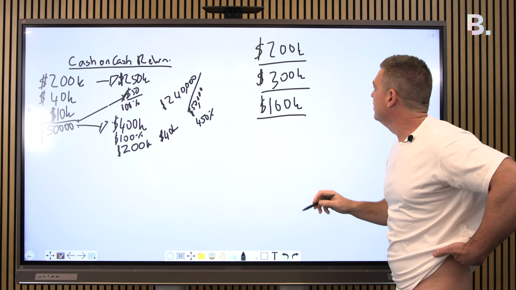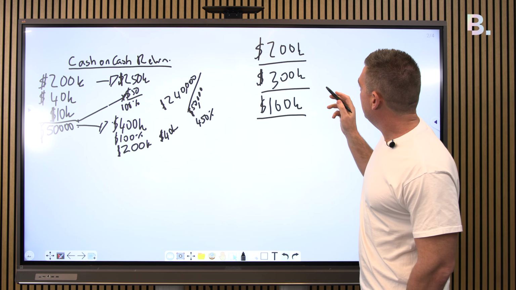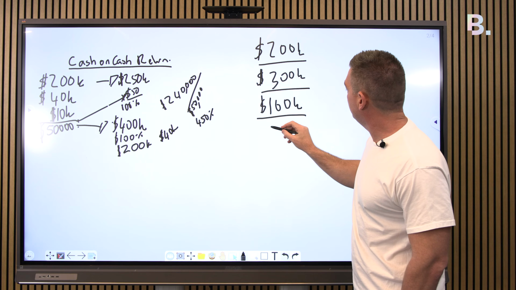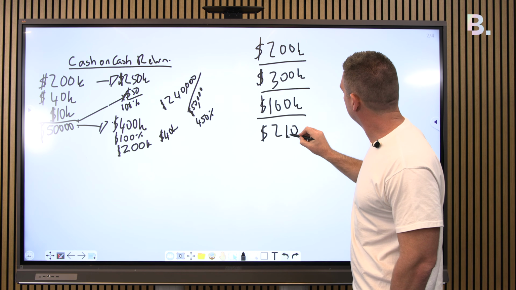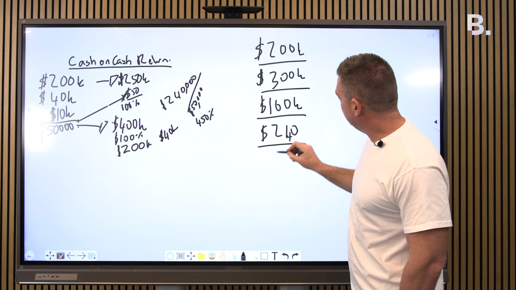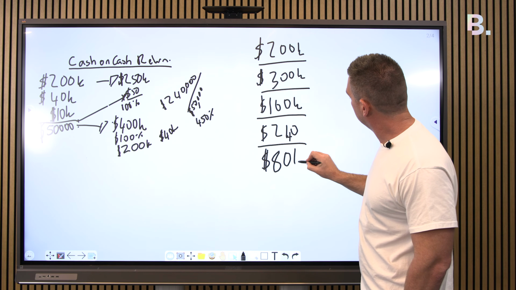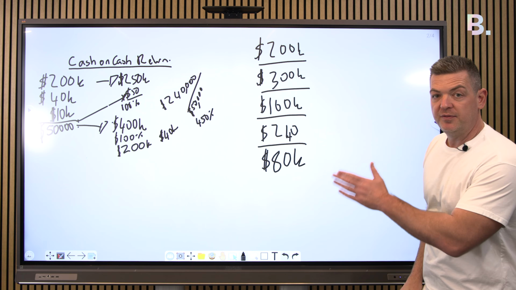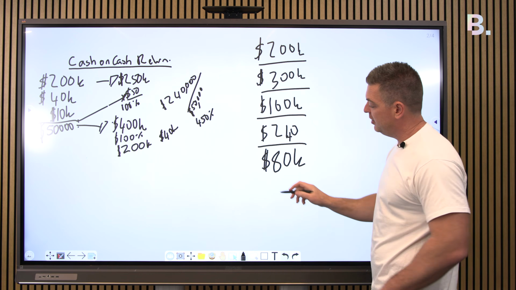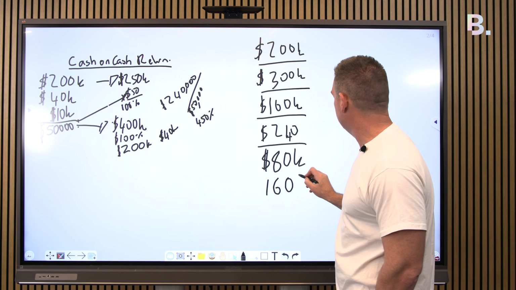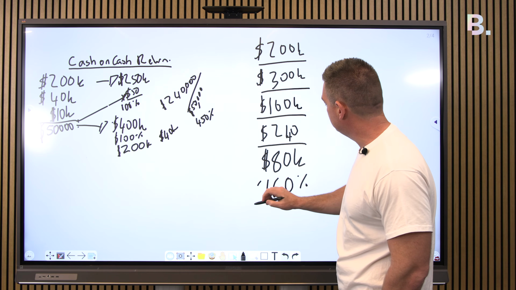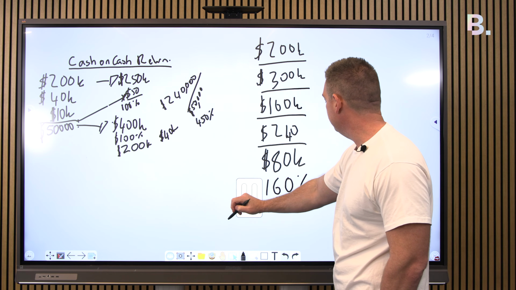Our new loan happens to be 240K as a new loan. Minus 160 gives us $80,000. So you've bought a property, you've put 50 grand into it, you've got 80 grand back. So you're really looking at about 160% return on investment by just pulling out your equity there. That would be the first thing.